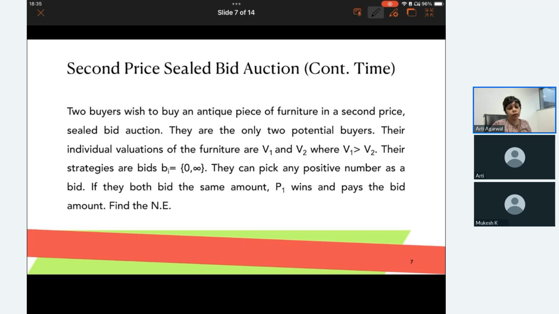And if they both bid the same amount, then P1 wins and pays the bid amount. Just exactly the same rules as we had before, except that V1 and V2 are unknown, and the bidding strategies can be any positive number. You can also write it like this, Bi belong to the set of positive real numbers.